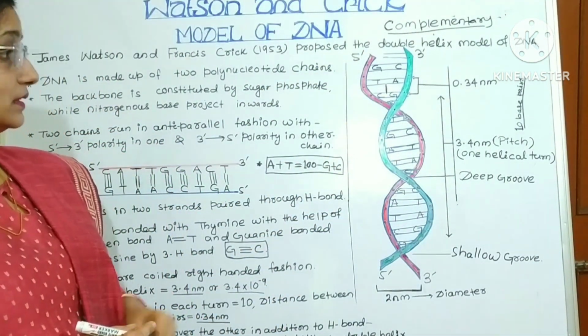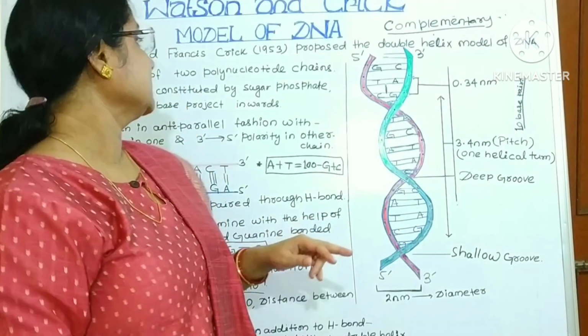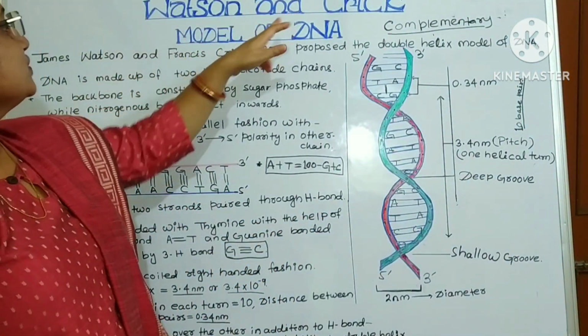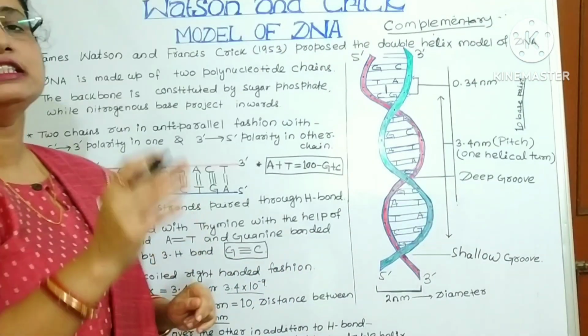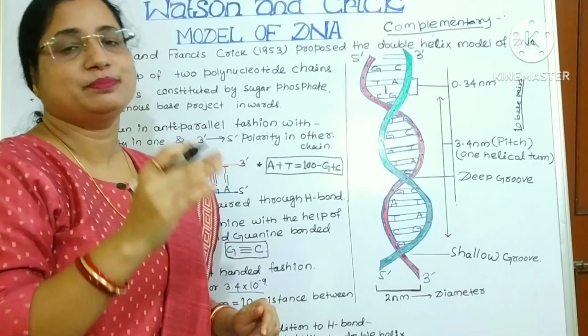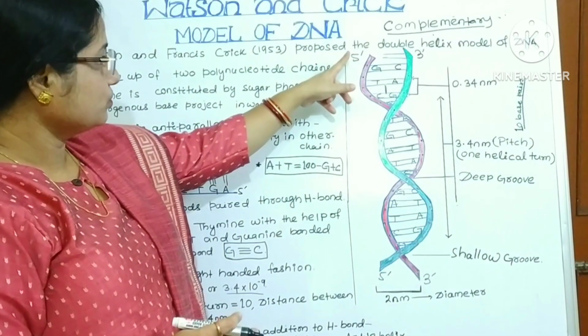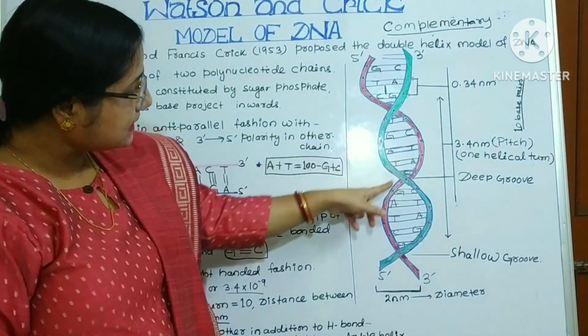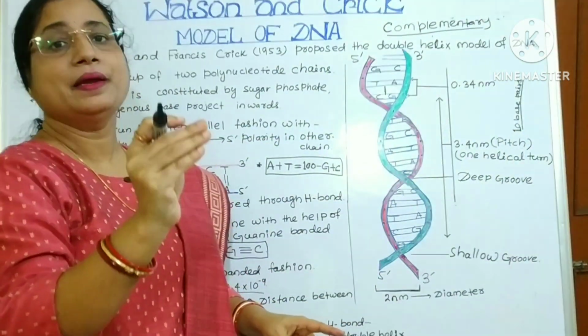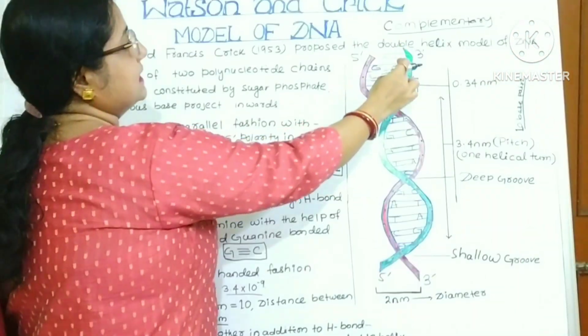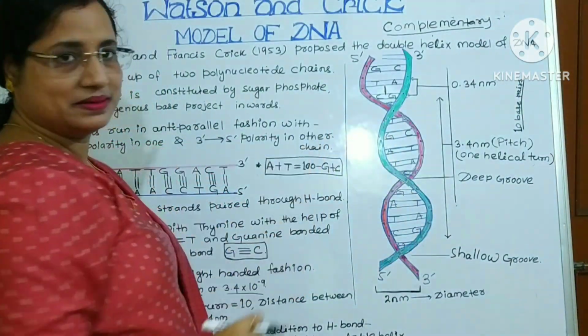Okay, a very important objective of the Watson and Crick model of DNA is complementary base pairing. It means if we know about the bases of one strand, we can easily predict the bases of another strand.